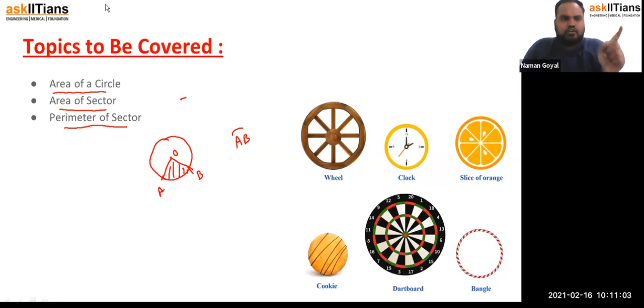Pi r square is the area of circle, and the area of sector is theta upon 360 degree into pi r square. And the perimeter of that sector is the length of arc plus 2r, isn't it?